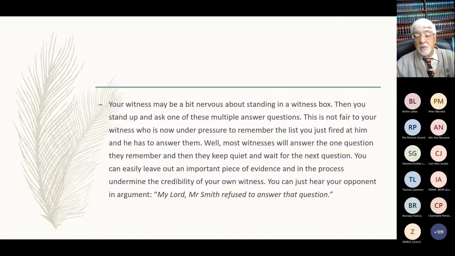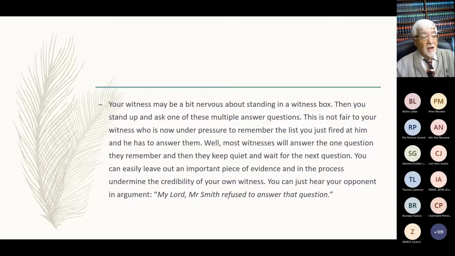Your witnesses may be nervous in the witness box. When you stand up and ask multiple answer questions, it's not fair to the witness. The witness is now put under pressure to answer from a list that you gave them. I mean, that's not on. Don't do it to them. Because most witnesses will give you a response to one of the three questions, okay?